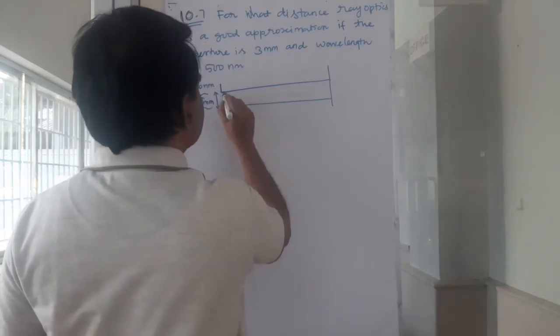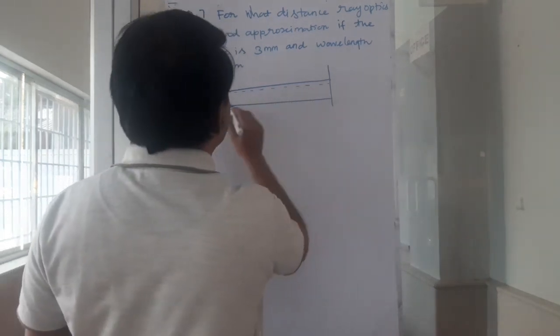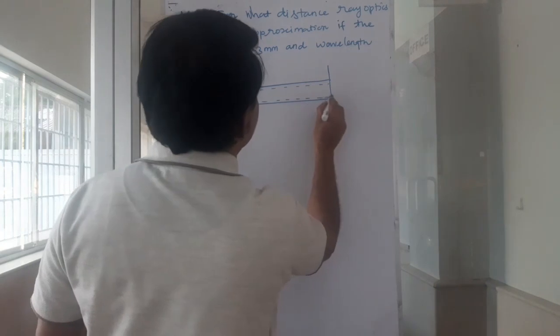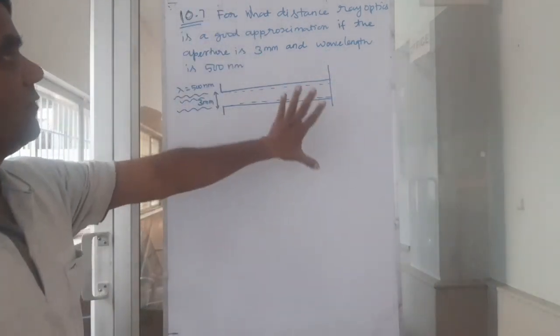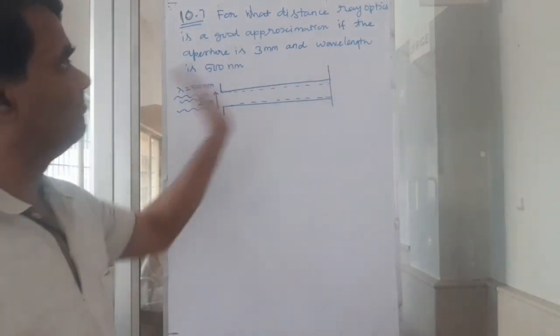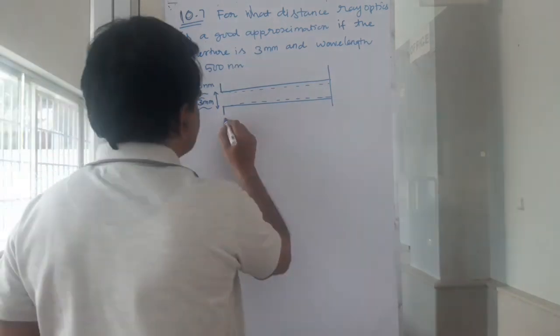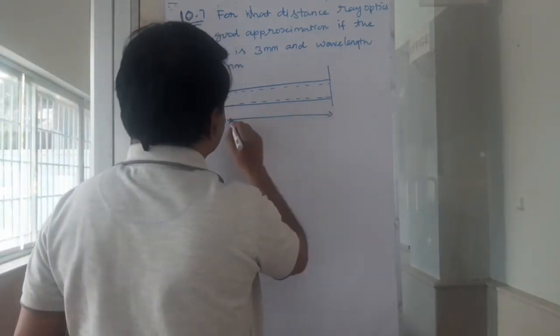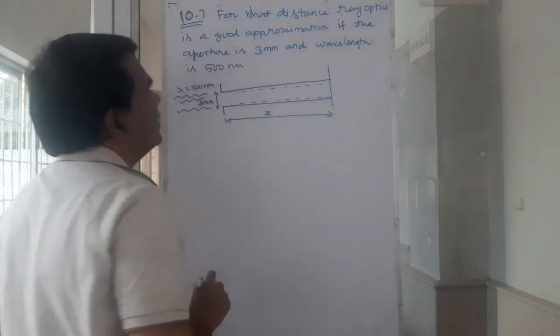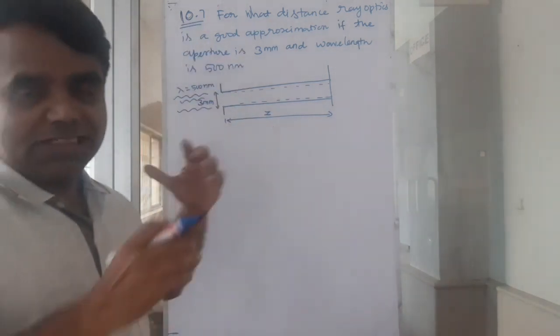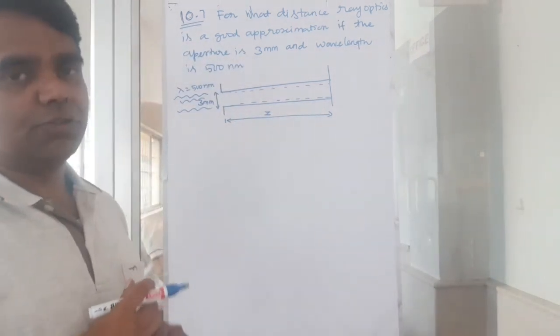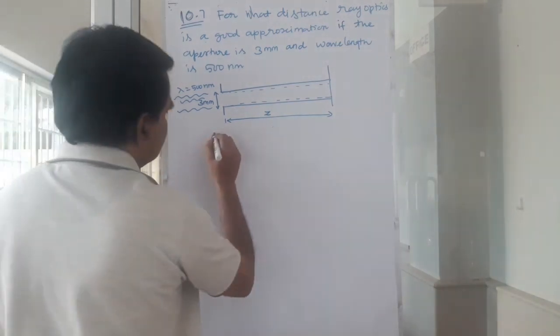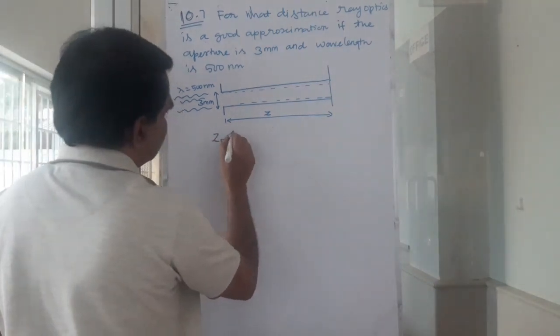Now it is flaring out, right? So this is the distance Z. But till what distance can you use ray optics? You can use it only till ZF, right?